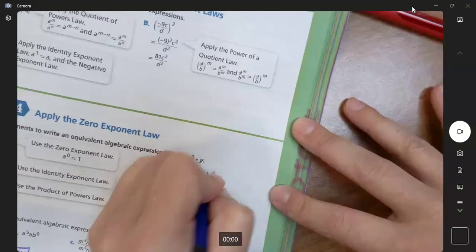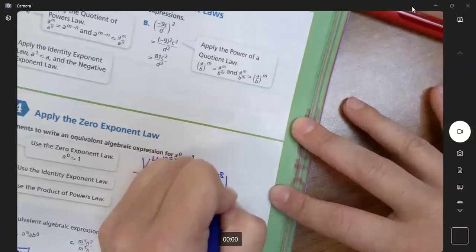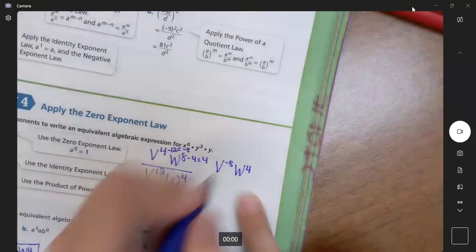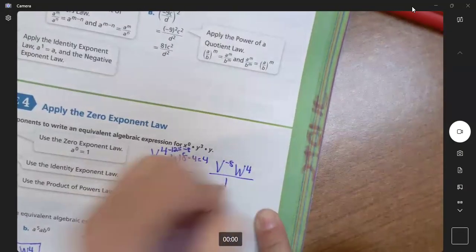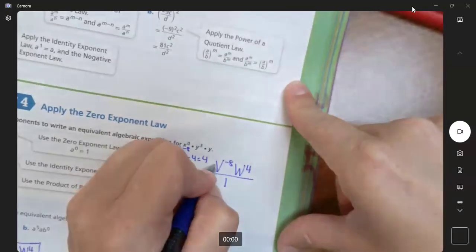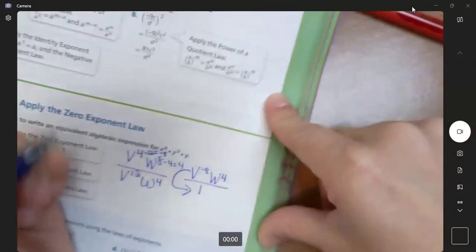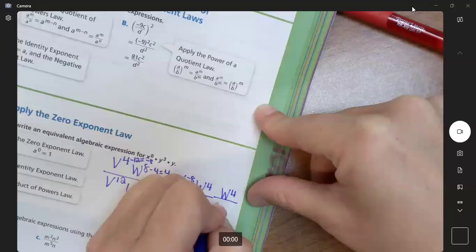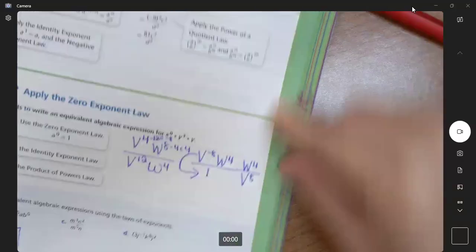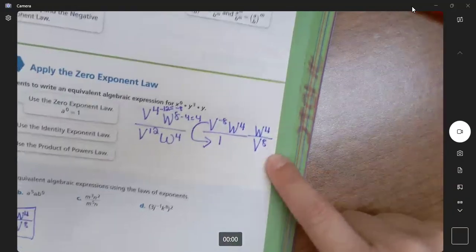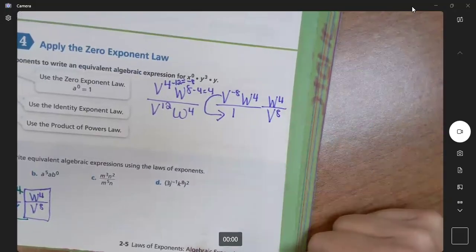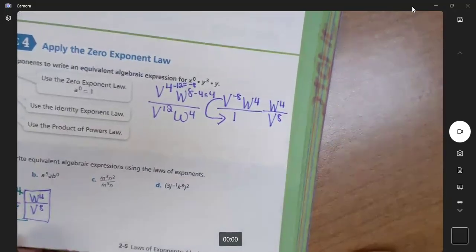So you would get V negative 8, W positive 4. But you can't leave a negative. It's unhappy in the numerator party. So you need to send it down to the denominator party where it's going to be happy. You're still going to get the same answer. W4, V8, again, not like terms, nothing else you could do. So you are donezo.